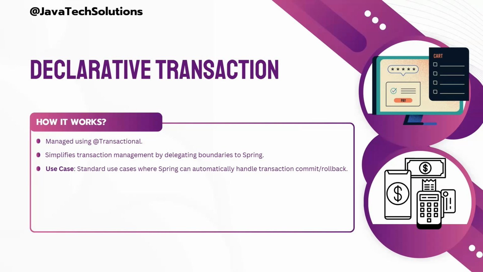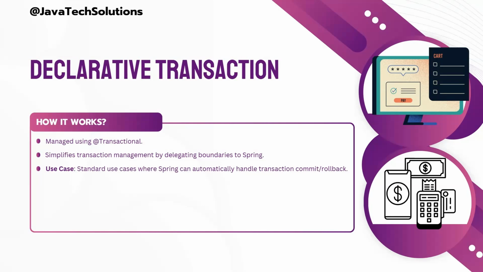The advantage of declarative transaction is it actually reduces the boilerplate code. Means we don't need to write manual start, commit, or rollback logic in our code, right? It automatically maintains once we annotate a particular class or method with @Transactional. It improves readability, as transaction behavior is declared alongside the business logic, making it easier to understand.